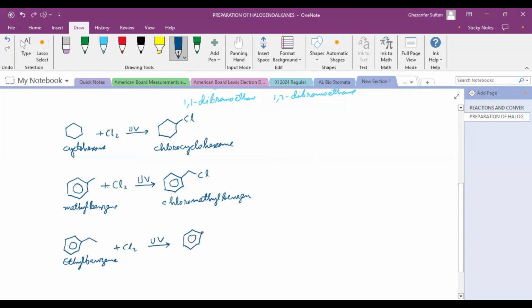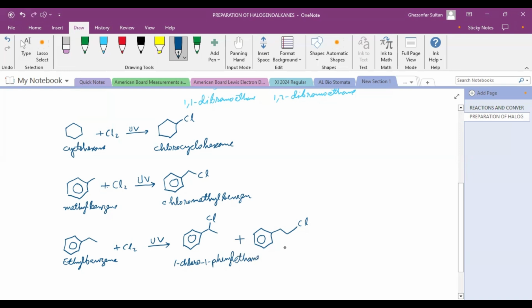One is chlorine here, and another one is chlorine on the second carbon. Name of this product is 1-chloroethylbenzene, 1-chloro, 1-phenyl ethane.